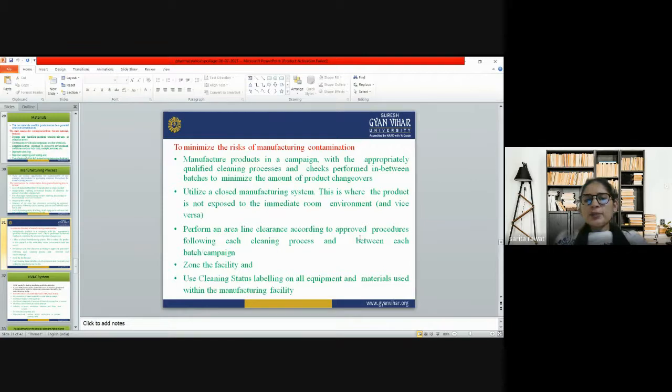This is where the product is not exposed to the immediate room environment and vice versa. Perform an area line clearance according to an approved process following each cleaning process and between each batch campaign. Zone the facility and use cleaning status labeling on all equipment and material used within the manufacturing facility.